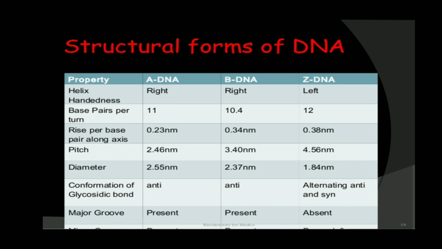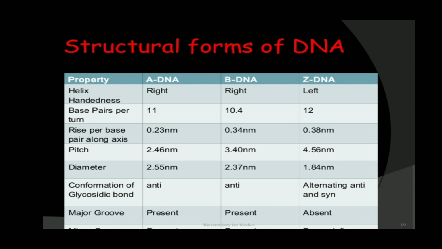The base pairs per turn: the A form of DNA shows 11 pairs, the B form shows 10.4 pairs, and the Z form shows 12.